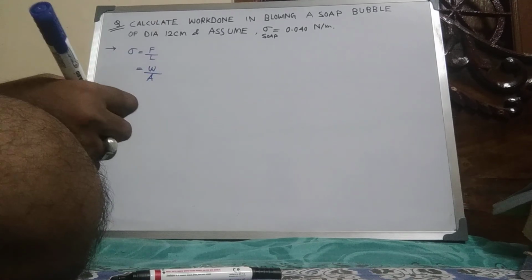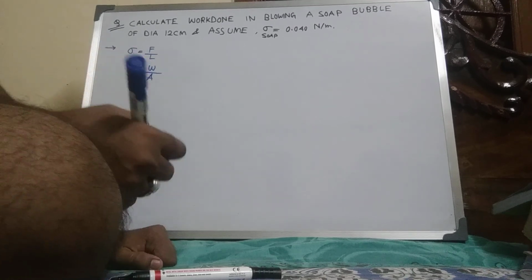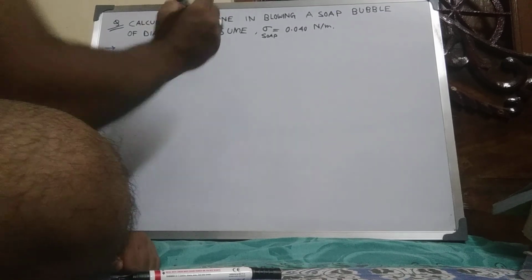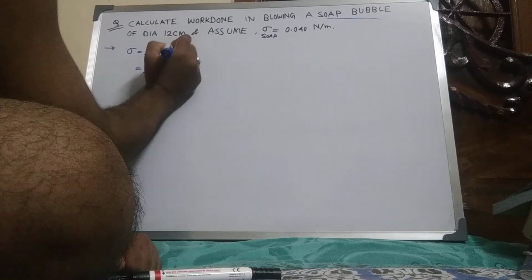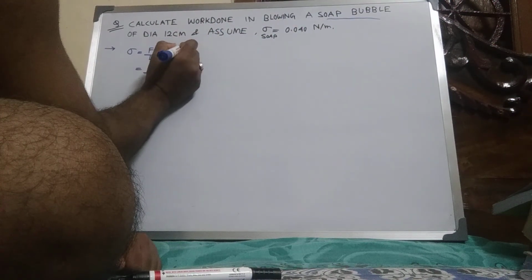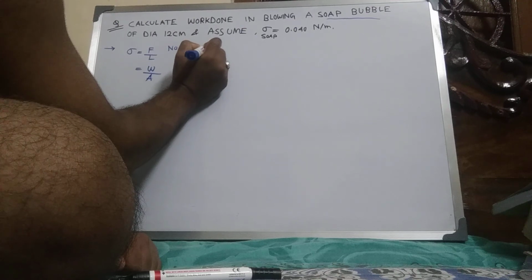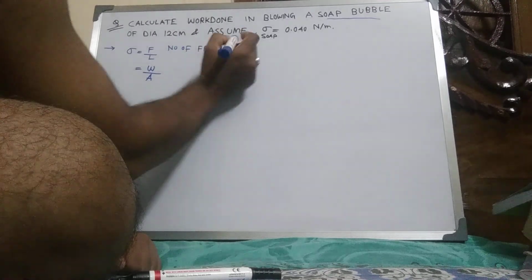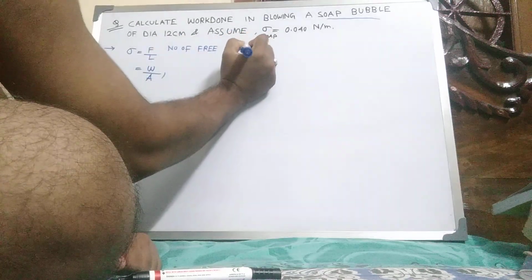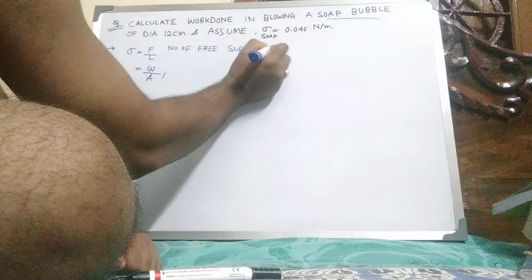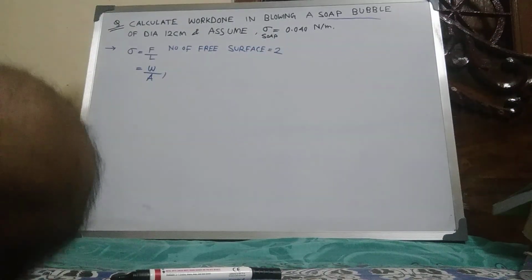For a soap bubble, number of free surfaces equals 2.